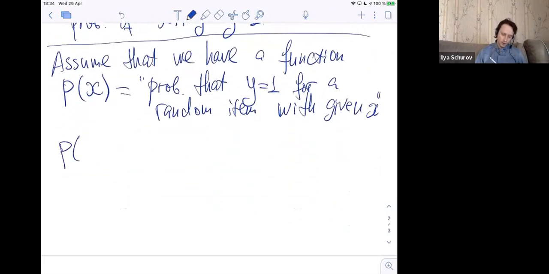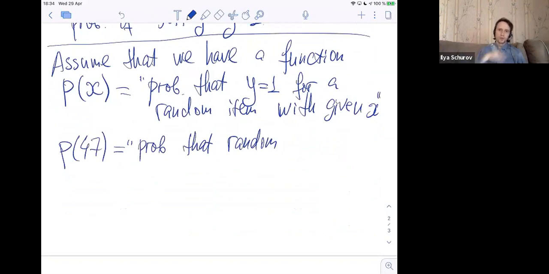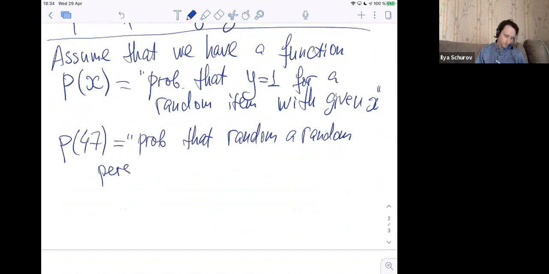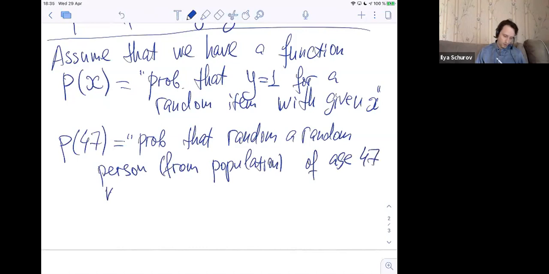For example, if I write p of 47 in my example, I say that it is the probability that a random person, not from my data, but from some general population which I'm studying, a random person of age 47 knows English.